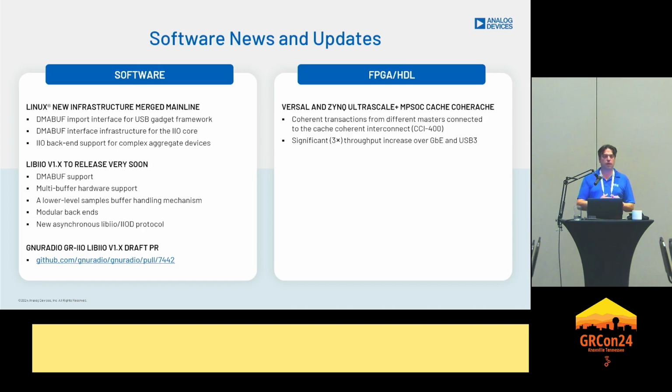Where we maybe did 60 megabytes on gigabit Ethernet, it was all of a sudden fully saturating gigabit Ethernet, and the CPU utilization dropped by more than 50%. So even without libIO version 1, this is a really worthwhile thing that you could try out on some of the bigger, newer ARM FPGA SoCs.